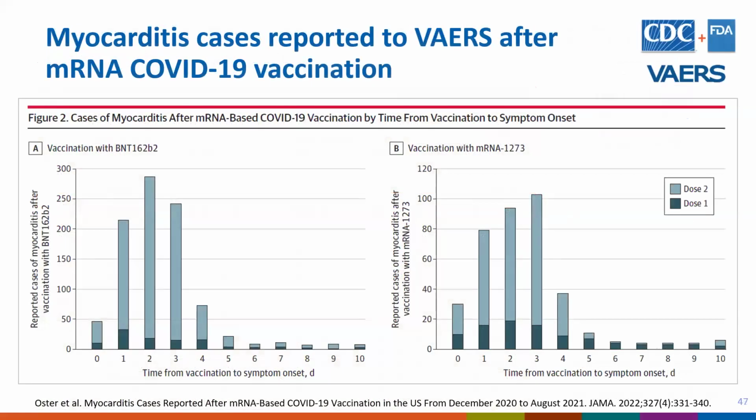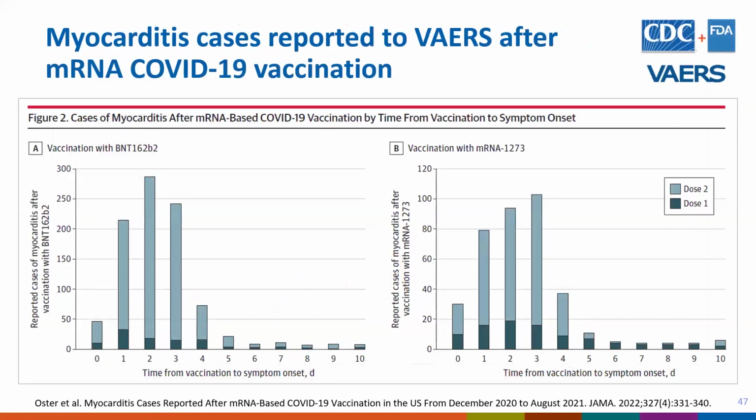And here's a graphical display of those reported cases. On the left is the Pfizer mRNA, and on the right is the Moderna. There is clearly a clustering of doses in those first 4 days following vaccination, primarily after that second dose.